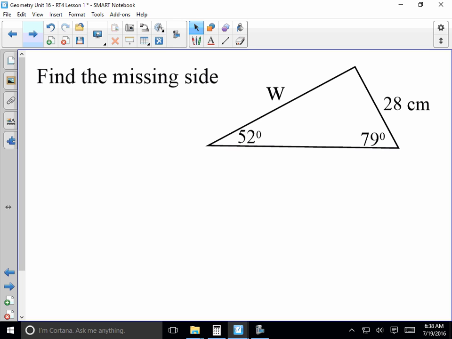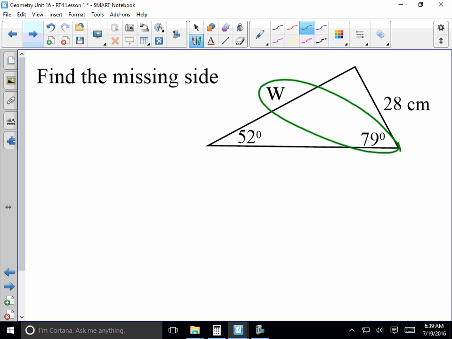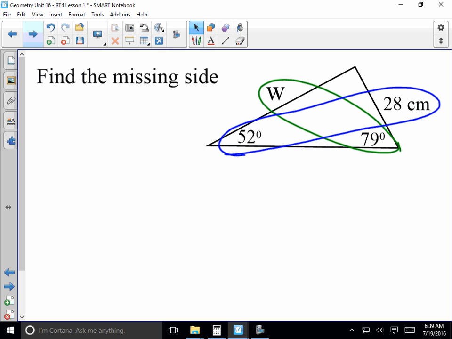So now let's use this process to find a missing value. One thing I always want you to do when you're finding these values is make sure that you identify your pairs. And remember, your pairs have to be the side that's across from the given angle.